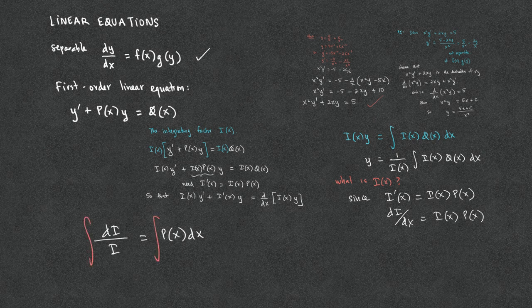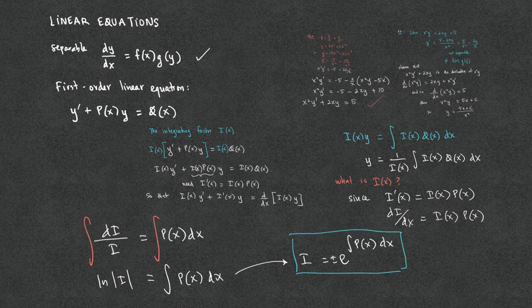The antiderivative of 1 over I with respect to I is ln of I. We keep the right-hand side as it is. We then exponentiate both sides of the equation to get I equals e raised to the integral of p(x) dx, maybe with a plus or minus. And this is the integrating factor.